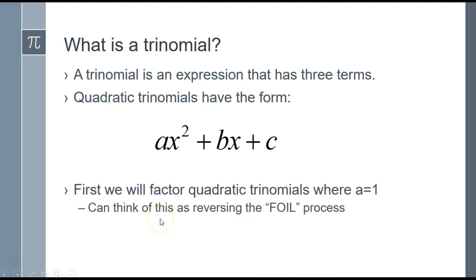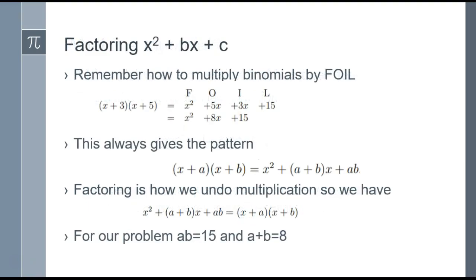And really what we're going to be doing is looking at reversing the process by which you multiplied binomials, and many of you call that the foiling process: firsts, outers, inners, lasts. So here's an example. If you were asked to multiply, remember now that's the opposite of factoring, that's the opposite operation, x plus 3 times x plus 5, you would multiply the first term in each set of parentheses and get x squared.